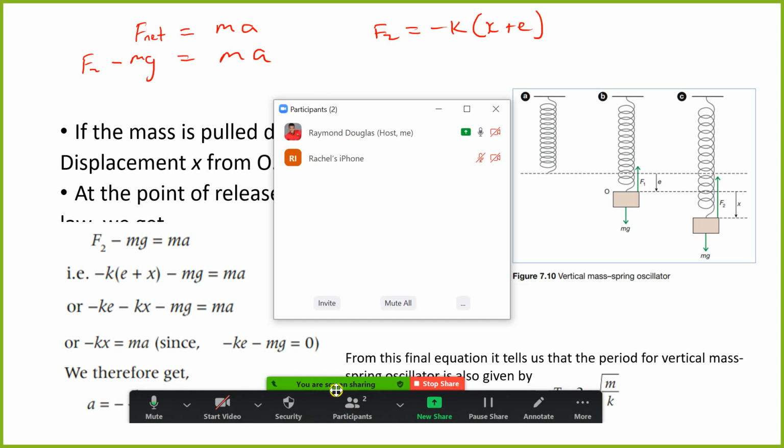Let me know if you understand anything here. Yes, sir, I understand. It's kind of the same thing in C. Yes, precisely. All right, good.